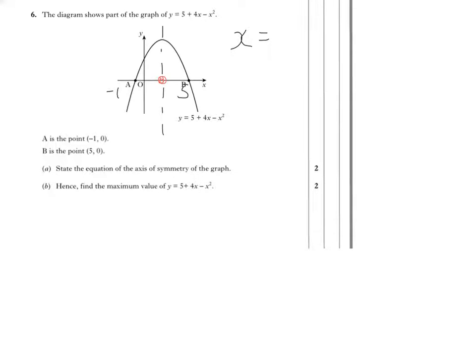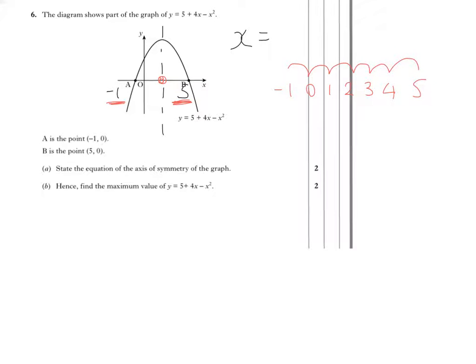As you can see, through symmetry, we cut the x-axis halfway between -1 and 5. To get from -1 to 5, you count along 1, 2, 3, 4, 5, 6 units.